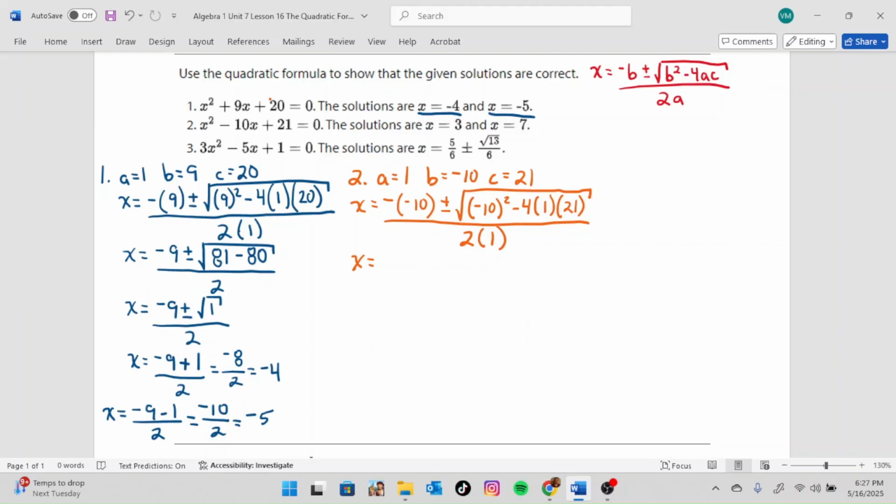Negative 10 is positive 10. Negative 10 squared is 100.